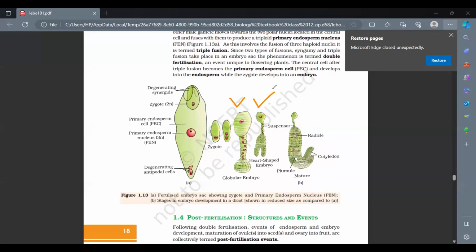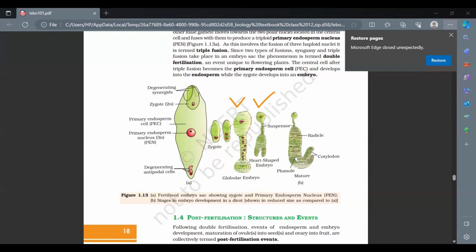The zygote is dividing. And what is the zygote doing? It is continuously dividing by the mitotic process only, and this mitotic process results in an increase in the number of cells, right? You can see the different shapes coming up. For example, this is a globular shape. One large cell, small cells, and so many cells over here.